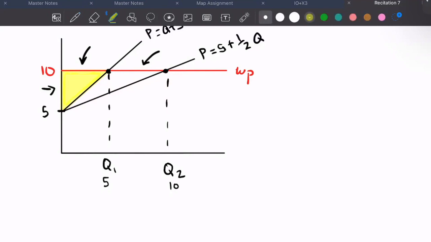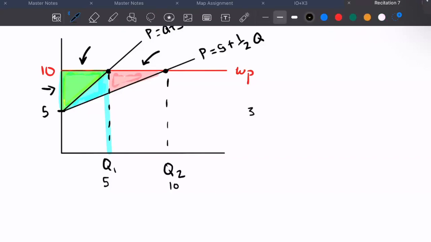But for producer 2, what ends up happening is that his producer surplus gets cut at Q equal to 5. So his producer surplus ends up being this trapezoid right here. So the loss of his producer surplus is this red triangle here.